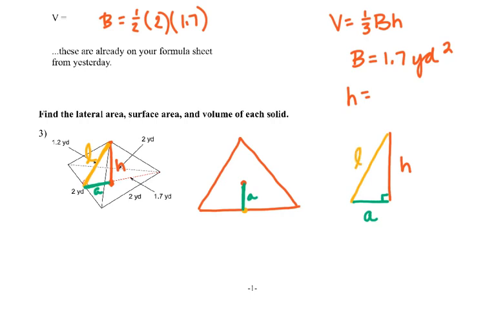Okay, so can you see how this triangle relates to this cross section of the pyramid? It's like half of a cross section. Well, it's not even half, but it relates here, okay?